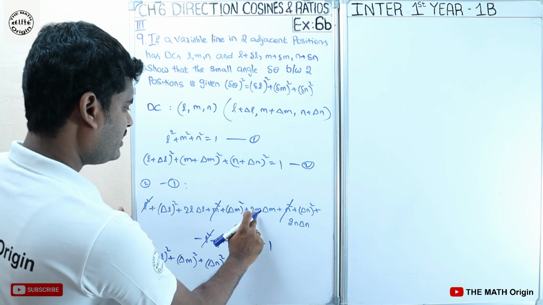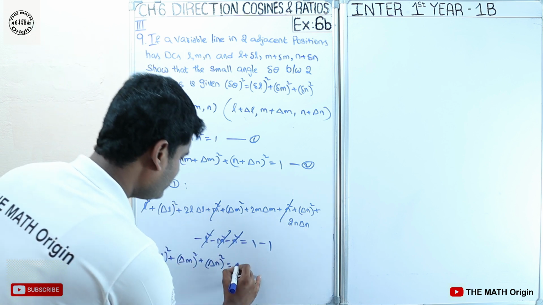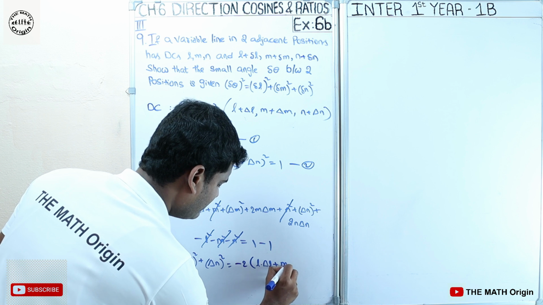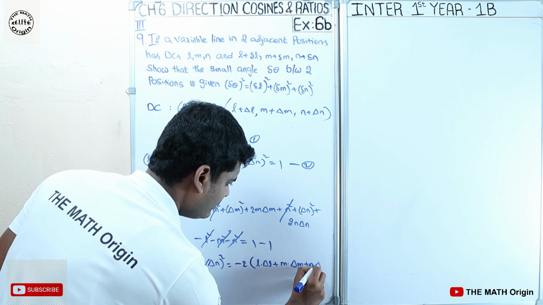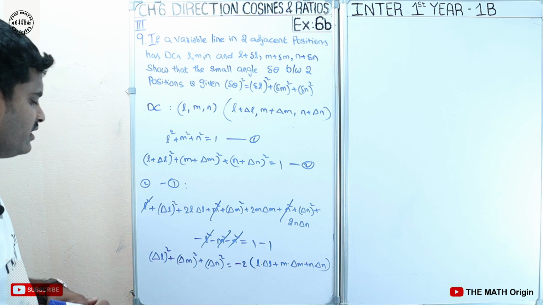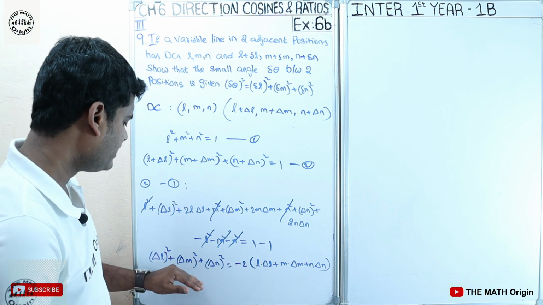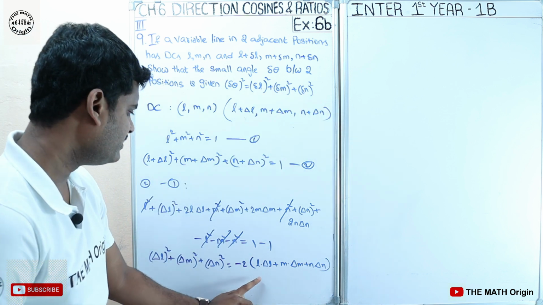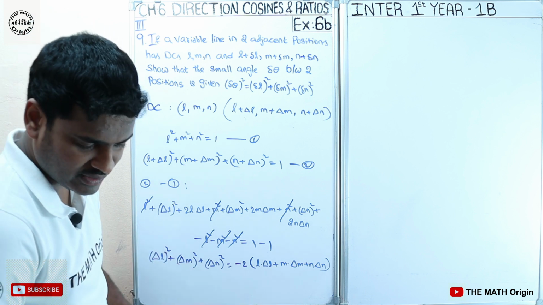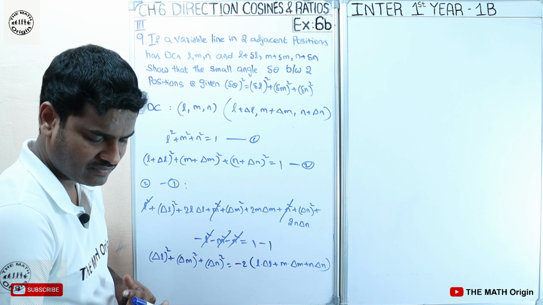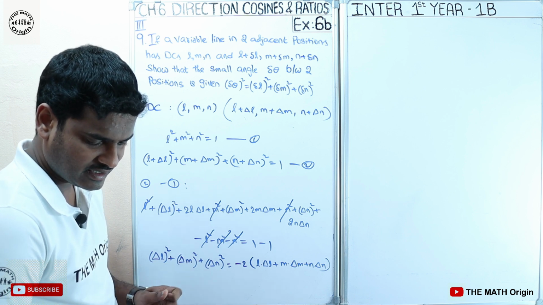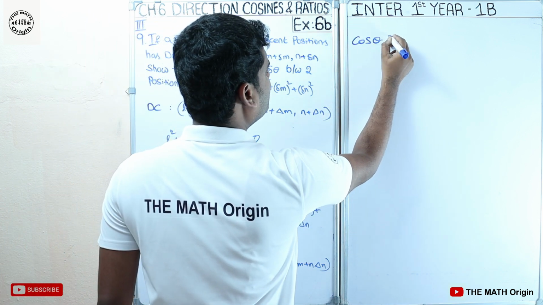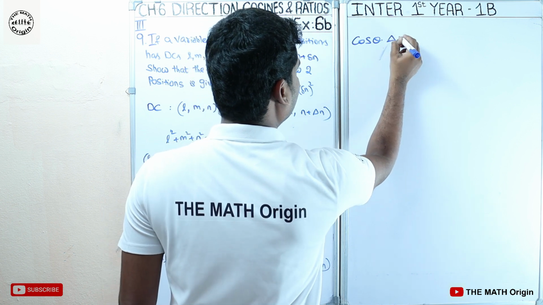From 2L, 2M, 2N, minus 2 is common, therefore L into delta L plus M into delta M plus N into delta N. Now we got delta L square plus delta M square plus delta N square on one side, and on the other side L into delta L plus M into delta M plus N into delta N. From this, what we did is we have taken cos theta into delta theta.